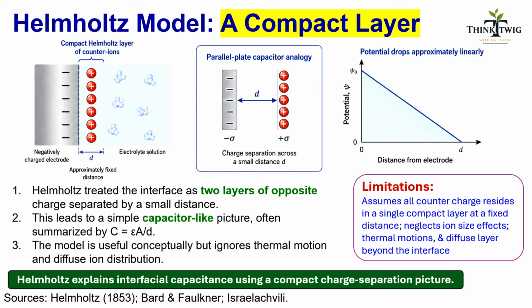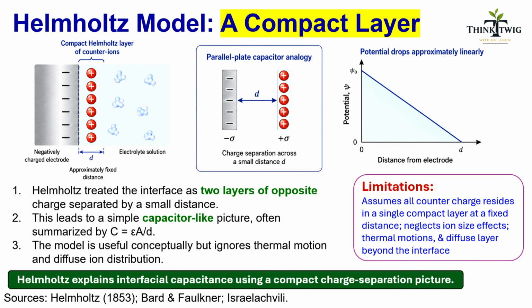Here, C is the capacitance, epsilon is the permittivity of the medium, which in simple terms describes how the surrounding medium responds to an electric field, A is the accessible interfacial area, and d is the effective distance between the opposite charges.